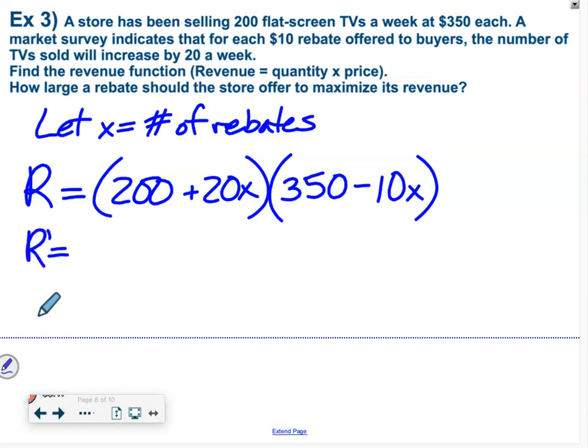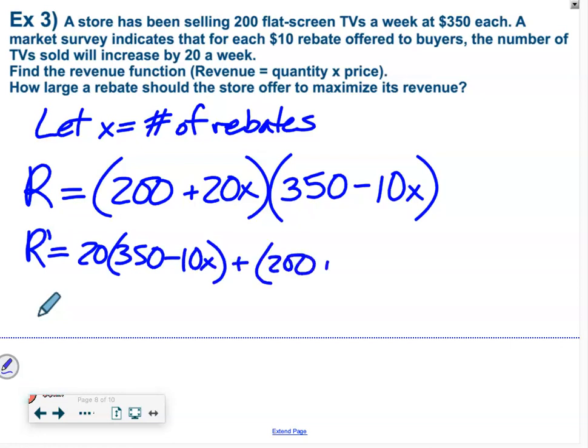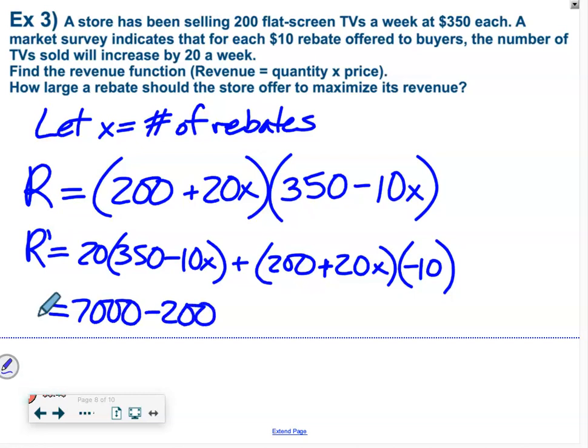So let's see. We have 20 times (350 minus 10x) plus (200 plus 20x) times negative 10. All right, so there's my R prime. I'm going to clean it up a little bit. So I get 7,000 minus 200x minus 2,000 minus 200x.